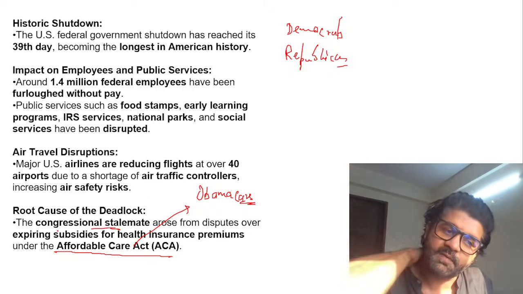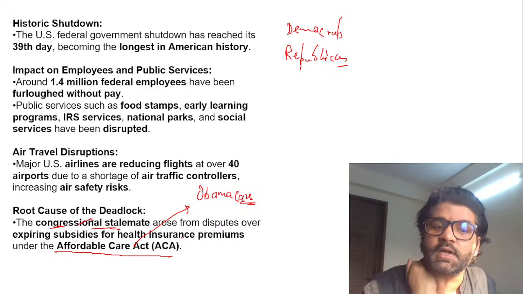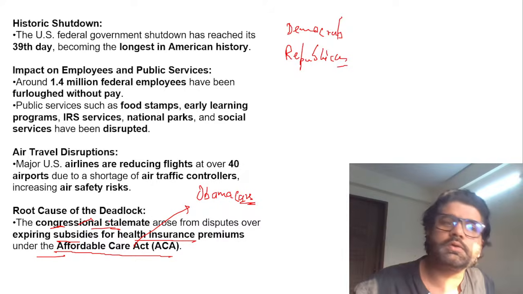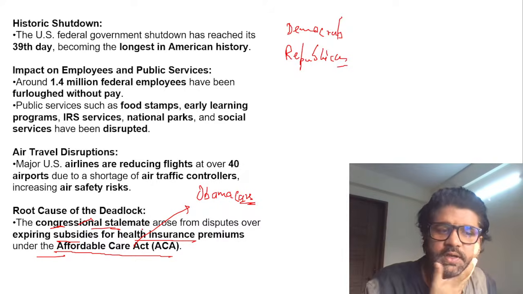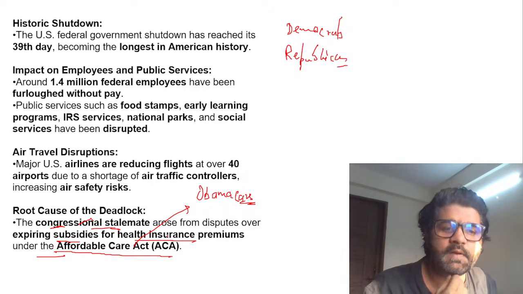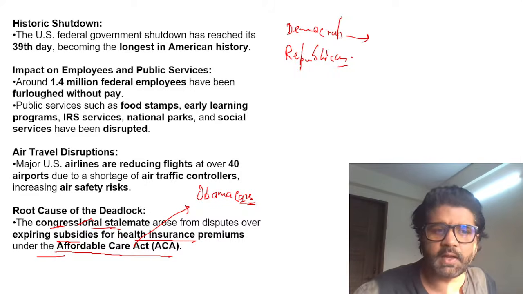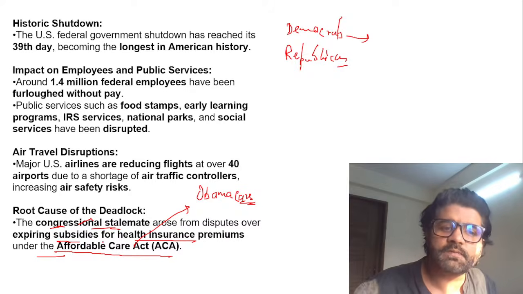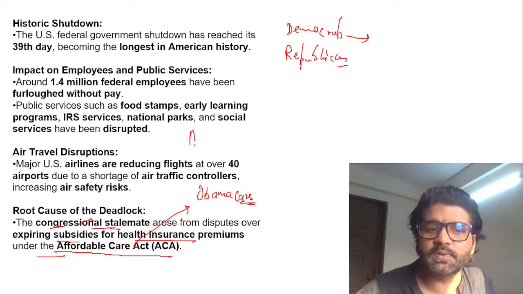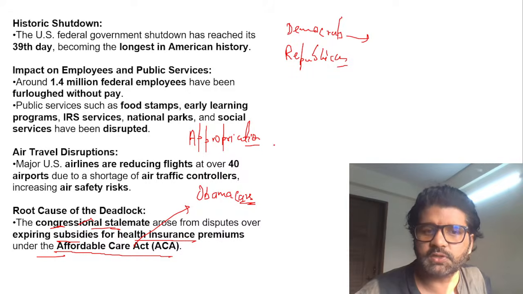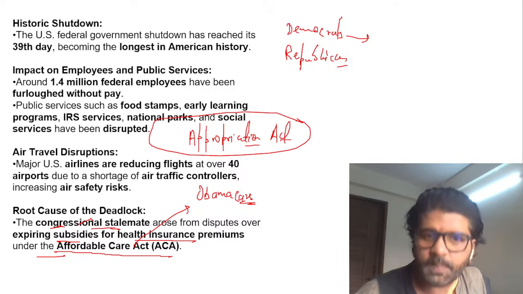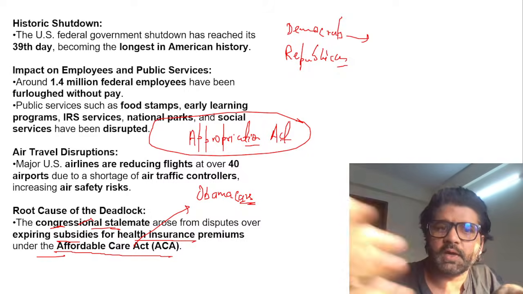So there is a stalemate happening in their legislature, Congress, a dispute over expiring subsidies for health insurance premiums. The Republicans in the Congress are not in favor of increasing these subsidies beyond a certain point. Democrats are like, no, we will expand it. This is needed. Because of this, we read about appropriation acts, even in our Parliament, which are needed to give money to the government.